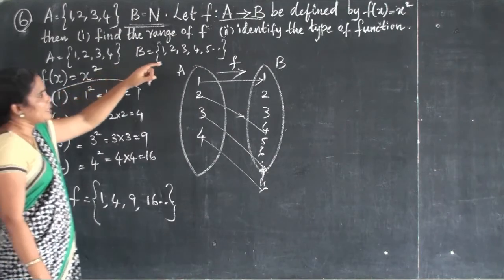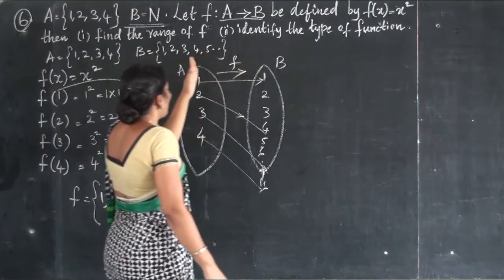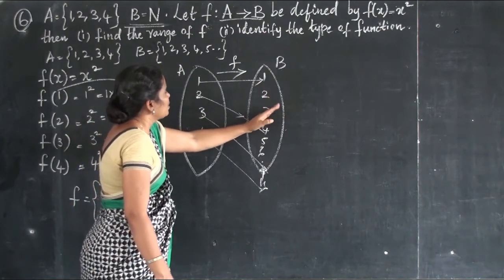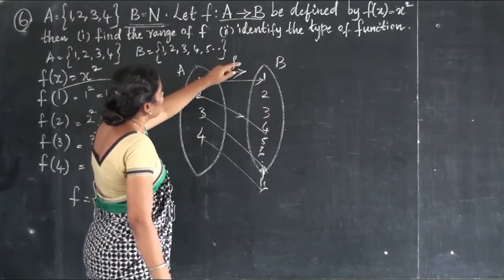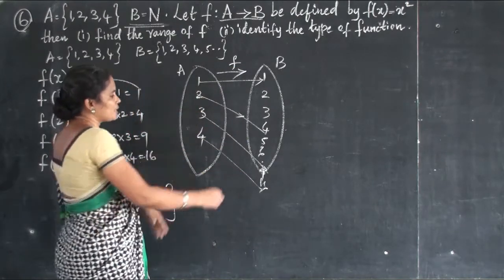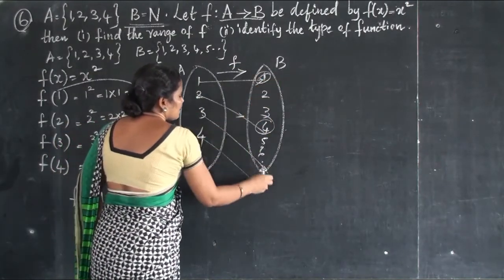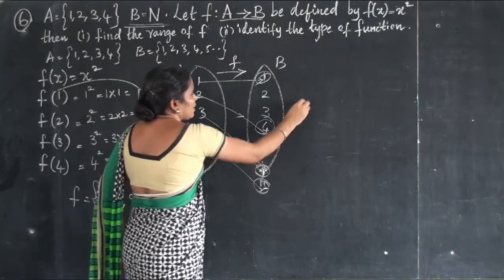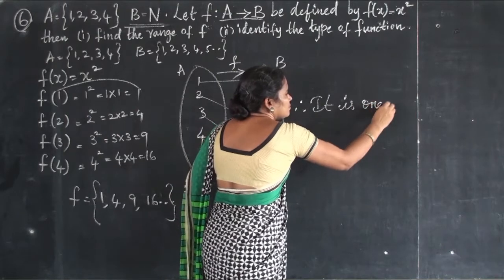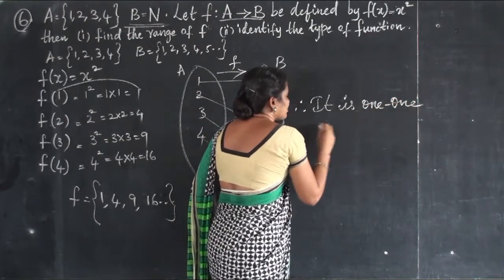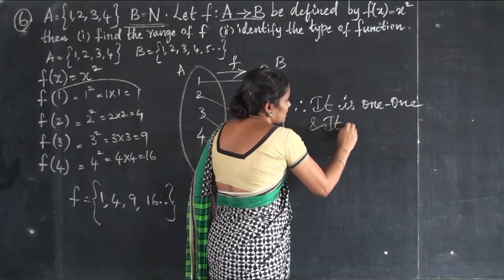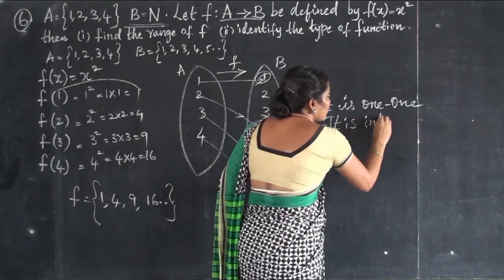Then identify the type of function. All the elements present in A have an image in B. So it is a one-to-one function as well as an into function. Therefore it is a one-to-one function and also an into function.